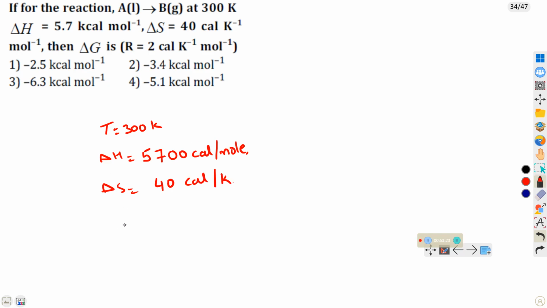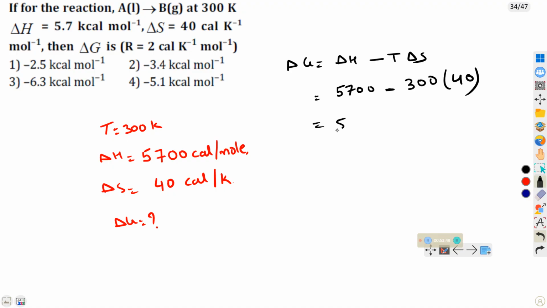Calculate delta G. We know delta G is equal to delta H minus T delta S. That is 5700 minus 300 into 40, which is 5700 minus 12,000.